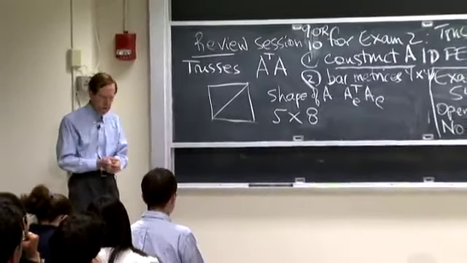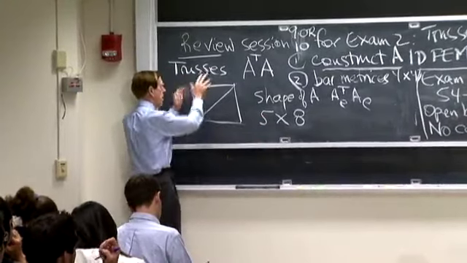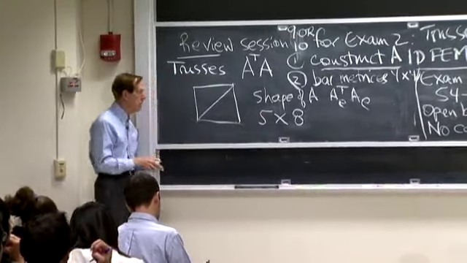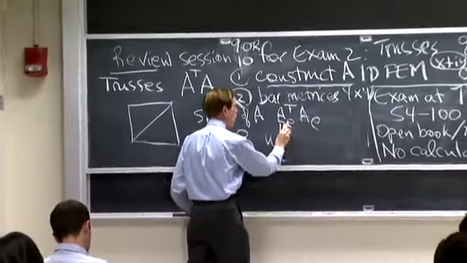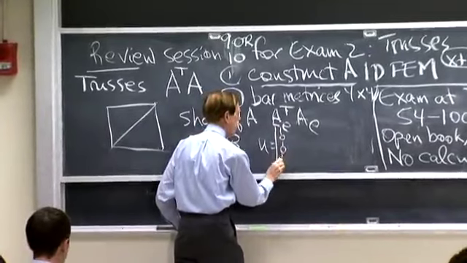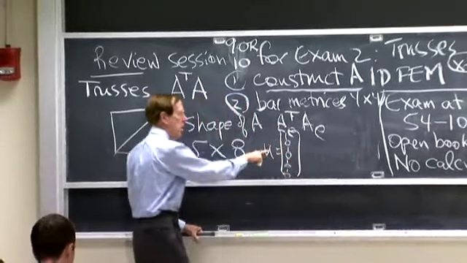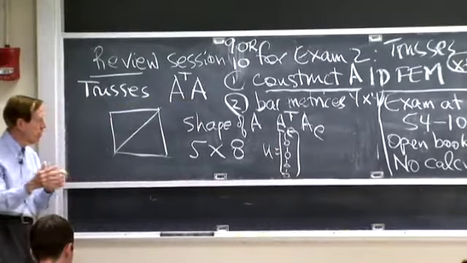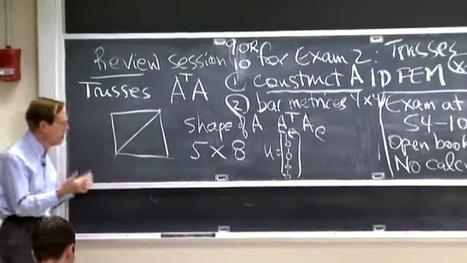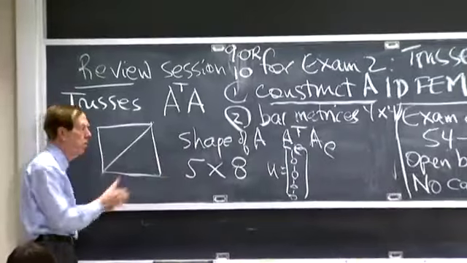3 rigid motions. I could translate it to the right, I could translate it up, and you would know what the U is, so U translating to the right would be 1, 0, 1, 0, 1, 0, 1, 0, right? That's horizontal motion, all the same, rigid motion, and we should certainly discover that if we created A for this truss, that AU was 0.